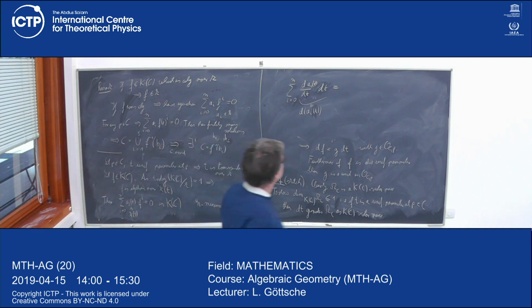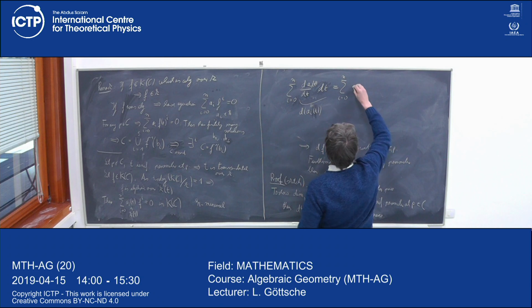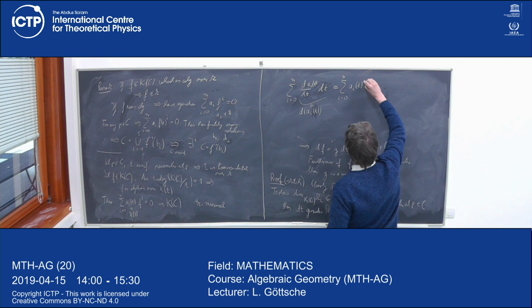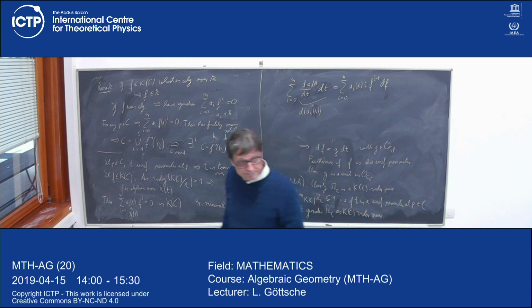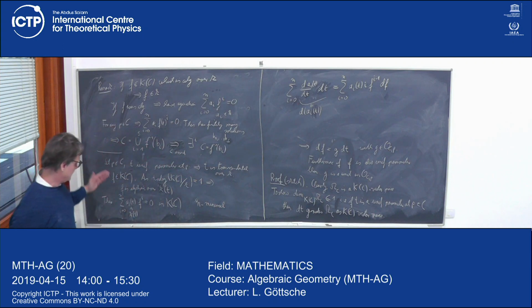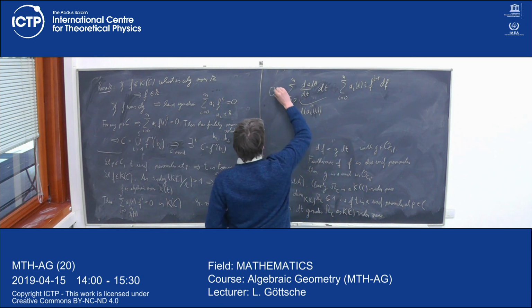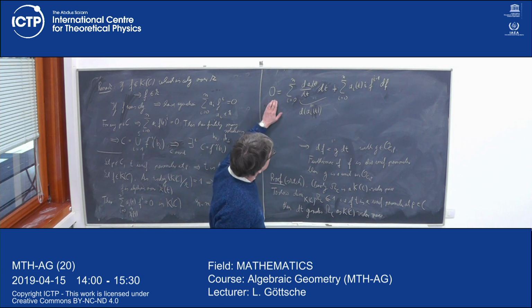So this means this is equal to the sum, i equals 0 to n, of ai times i times f to the i minus 1 times df. If I take d of this expression, it will be the sum of these two, except obviously there's one difference.